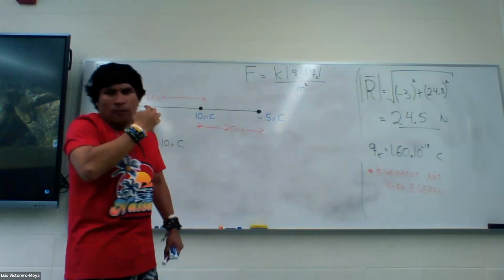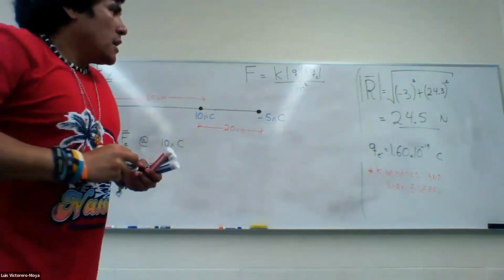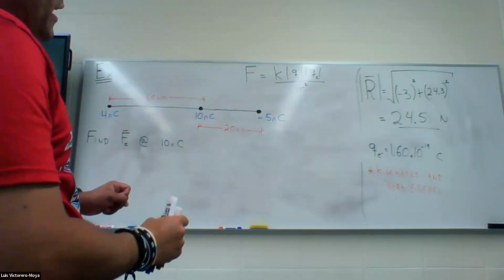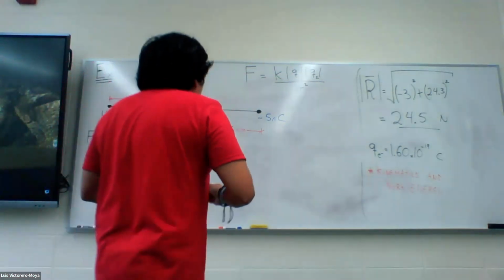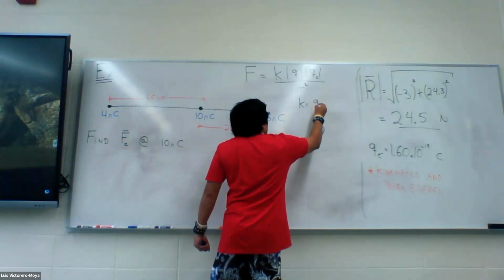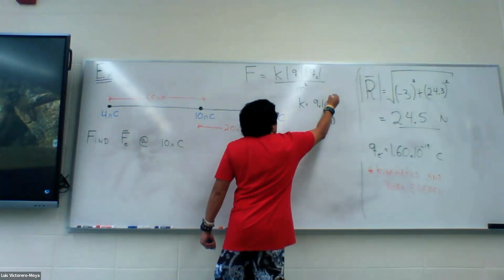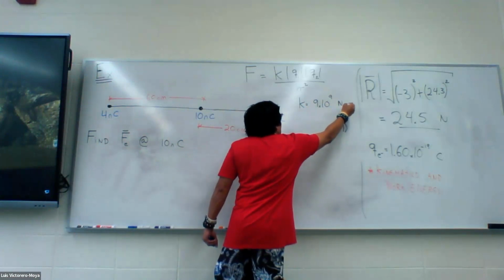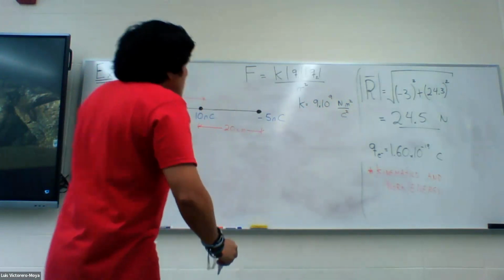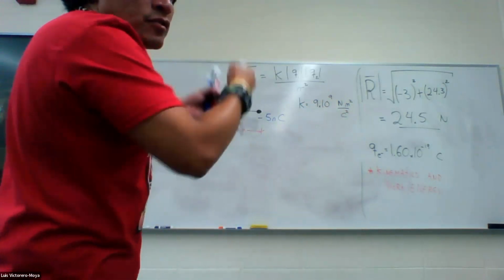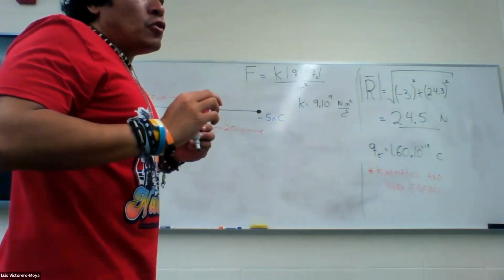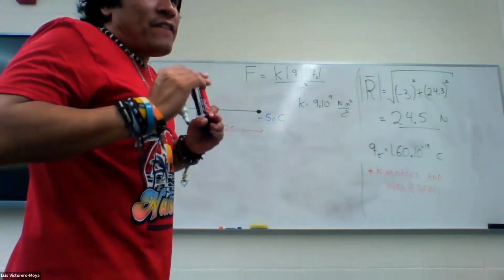That's the electrostatic force. Now, R has to be in meters. Q1 and Q2 have to be in coulombs. And we know that K, I'm going to use 9 times 10 to the 9 newton meter squared over coulombs squared. And the values of the charge are in absolute value, so I'm just going to use the magnitude of the charges. But we have to be careful though, because the electric force is a vector.